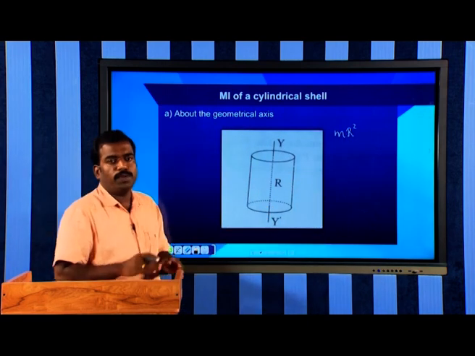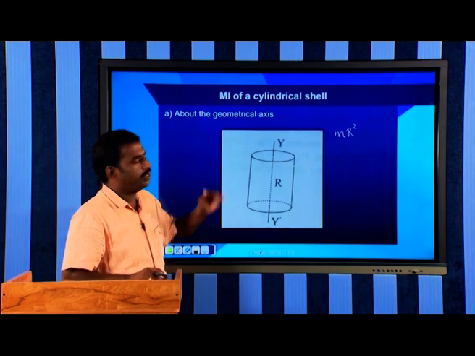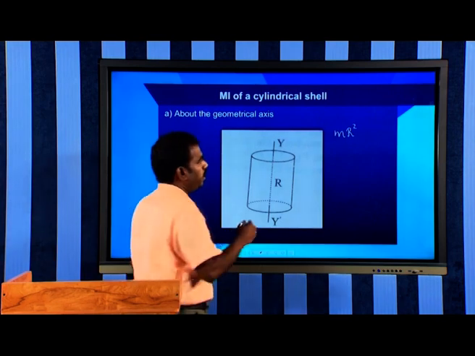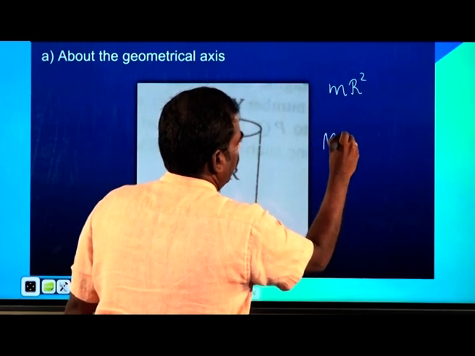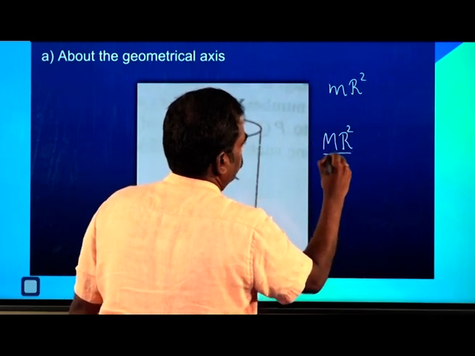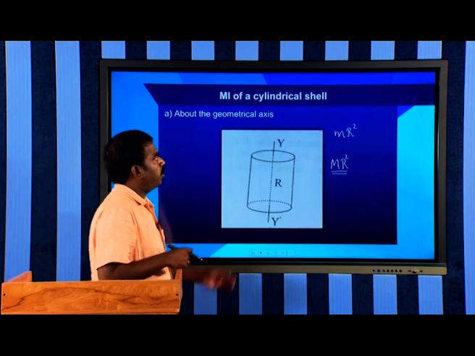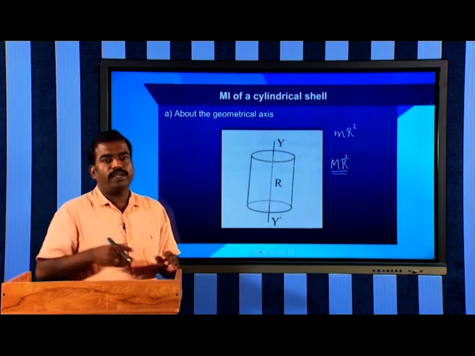So the total moment of inertia of the whole cylindrical shell is sigma m r square, which is capital M, the mass of the cylindrical shell, into r square. So this is the moment of inertia of the cylindrical shell about its own axis.